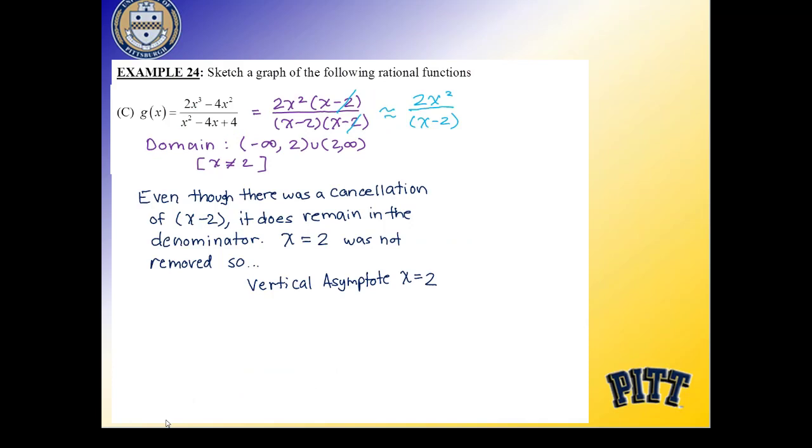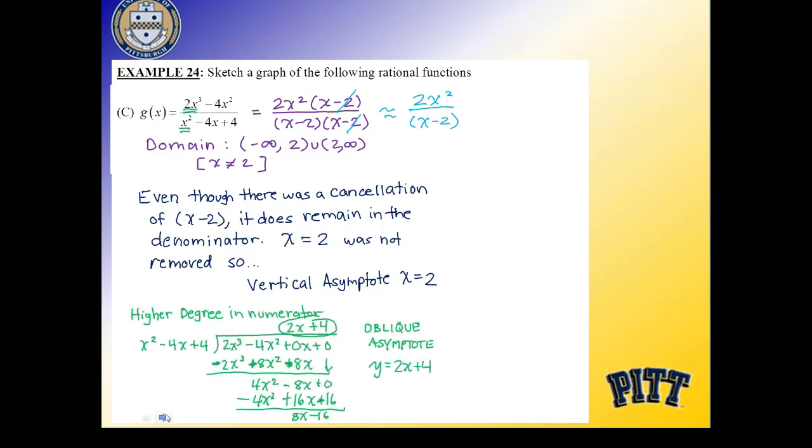For g of x, I have a higher degree on top than I do on bottom. That means I'm going to have an oblique asymptote. And what I'm going to need to do is carry through the long division. So you see what I did down there. I'm not going to go through it step by step, but what I did is I took the 2x cubed minus 4x squared, put the plus 0x plus 0 in as placeholders, and divided it by x squared minus 4x plus 4 and got a quotient.